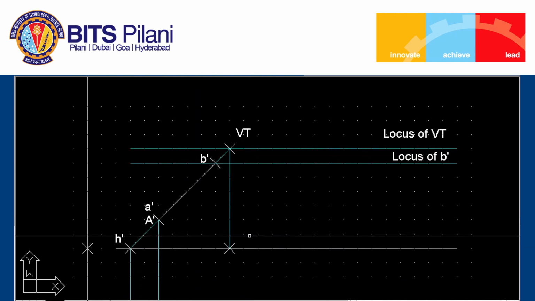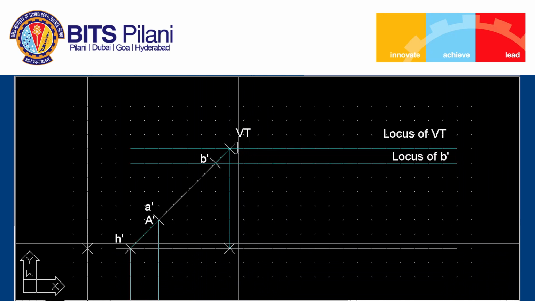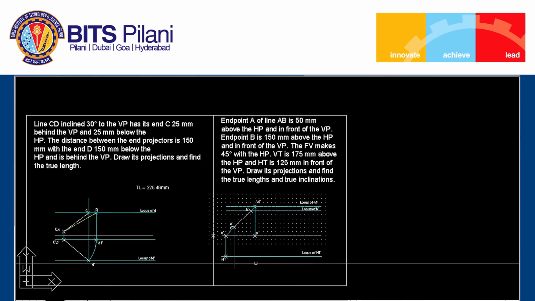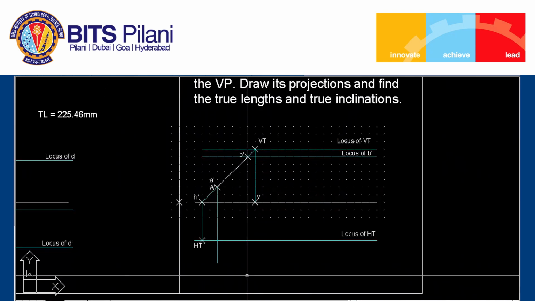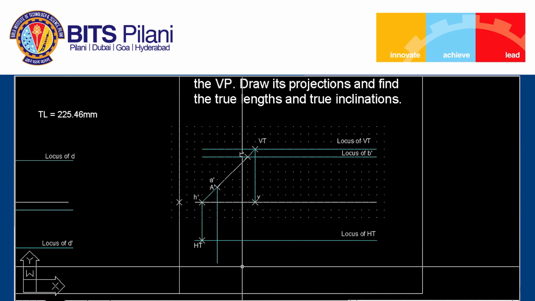This point is small v. Now coming to the top view, we know HT and small v are the top view points.